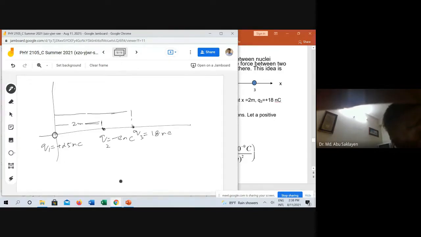This distance is 3 meters from the origin.